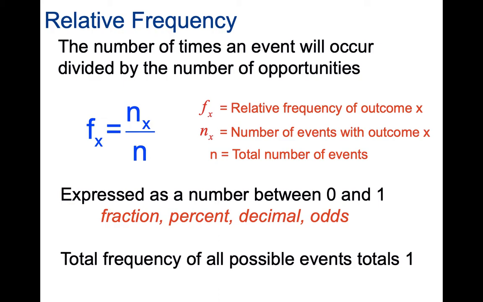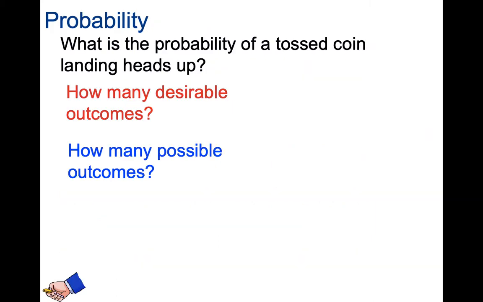And the total frequency of all possible events, of course, will once again be 1, because if I flip the coin and I got 4 heads, that means I have 6 tails, and the relative frequency of tails would just be 0.6, which is 6 over 10. It's also 1 minus the relative frequency of heads. 1 minus 0.4 is 0.6. So you get the general idea.